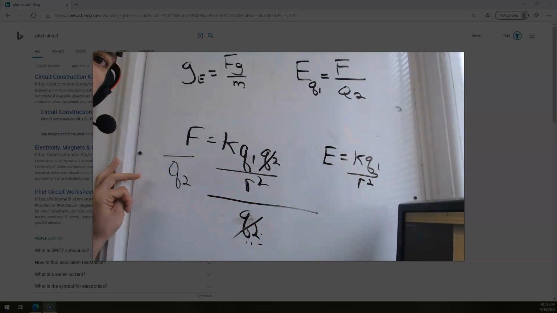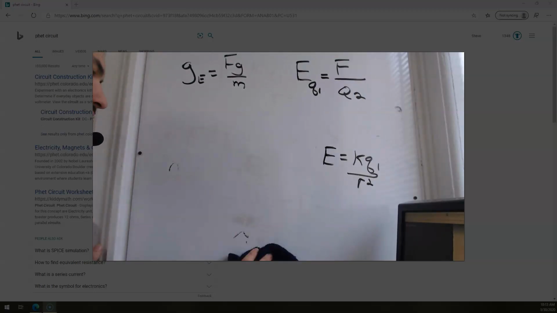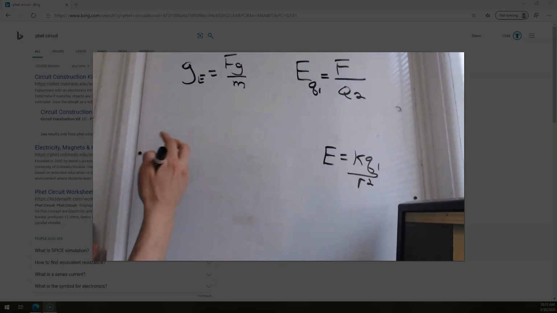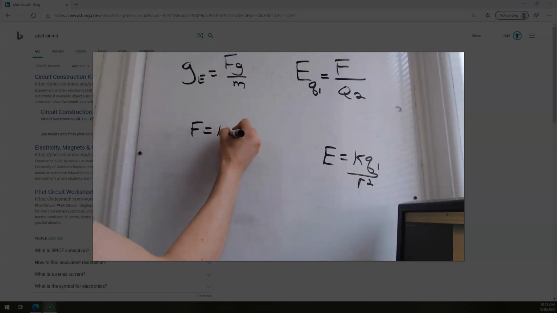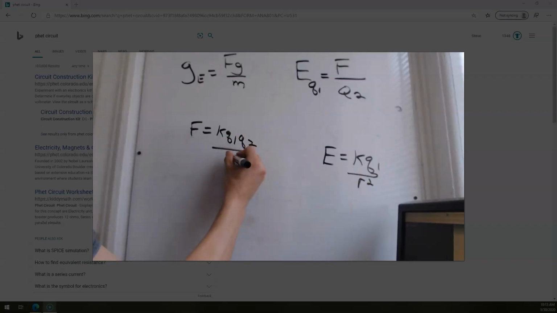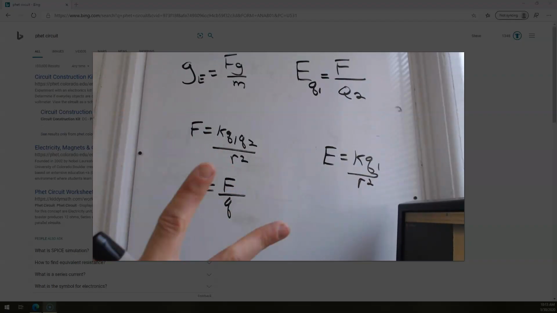Why is it not on your reference table? Because they are expecting that you have the ability to put two equations together. And those two equations are F equals K Q1 Q2 over R squared, and that the field strength is F over Q. Okay?